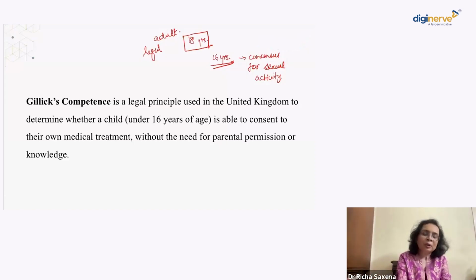But in the UK scenario, you may have parents coming to you saying, I saw a packet of contraceptive pills in my daughter's cabinet, and I don't want you to prescribe her contraception because I think this will encourage her to engage in sexual activities. This kind of scenario you may encounter in the UK, but probably not in the Indian scenario. Nowadays, things are changing, but still, I don't think you will encounter it here.